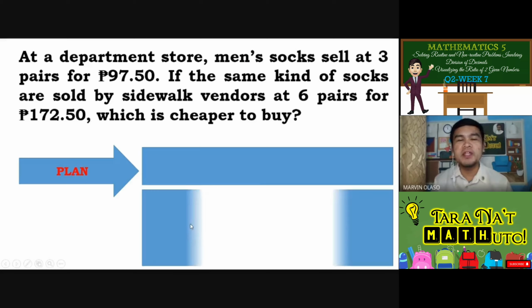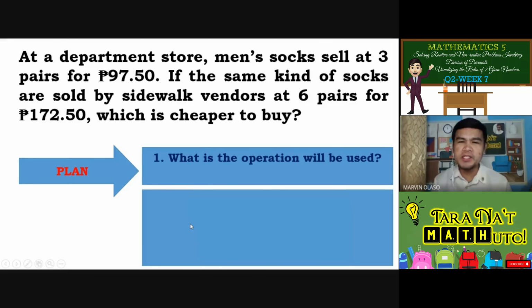The second step in analyzing and solving the problem is: what operation will be used? Division. Why division? The good way to compare is to know the price per item or per pair. Let's see, if it's three pairs, how much is the price of one pair at the department store.